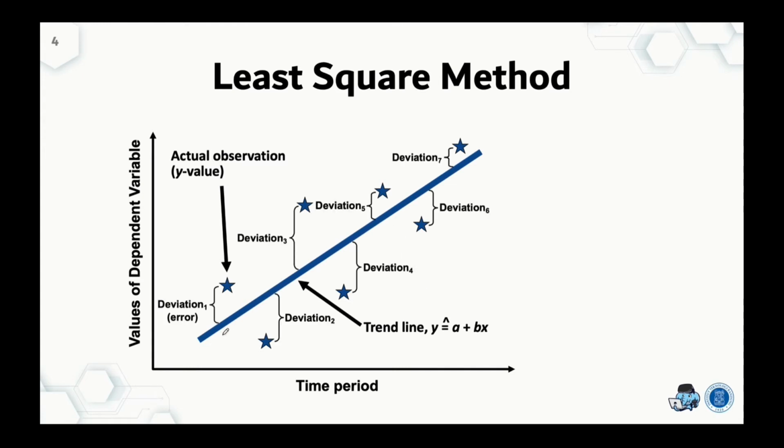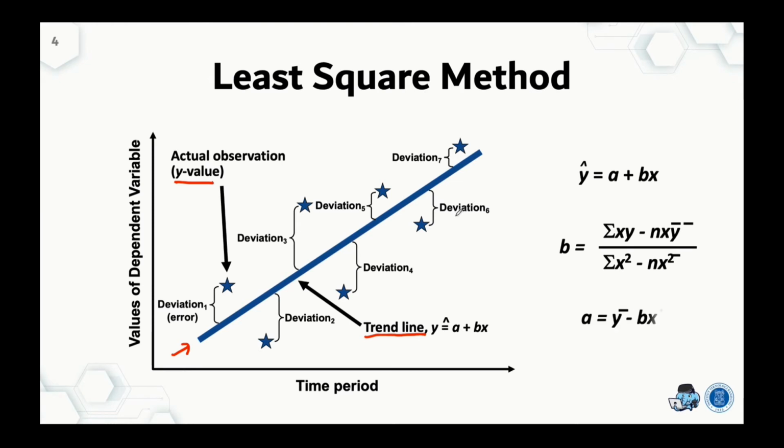And when we draw the trend line, the blue one here, there is a deviation or error between the trend line and the actual observation of our predicted value. So there is deviation 1, deviation 2, 3, and so on.